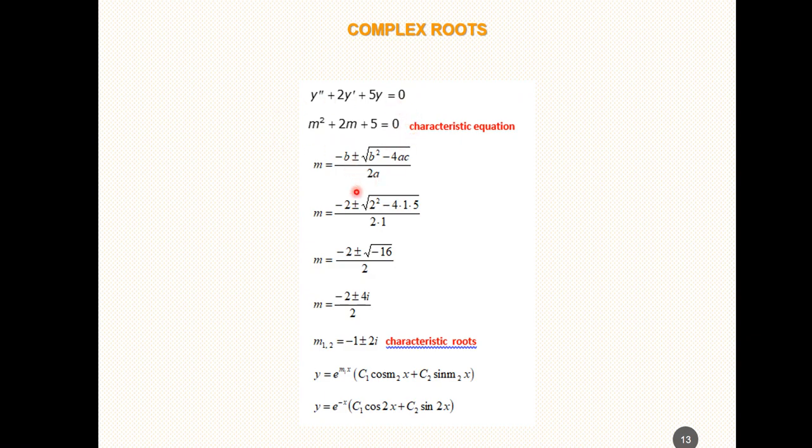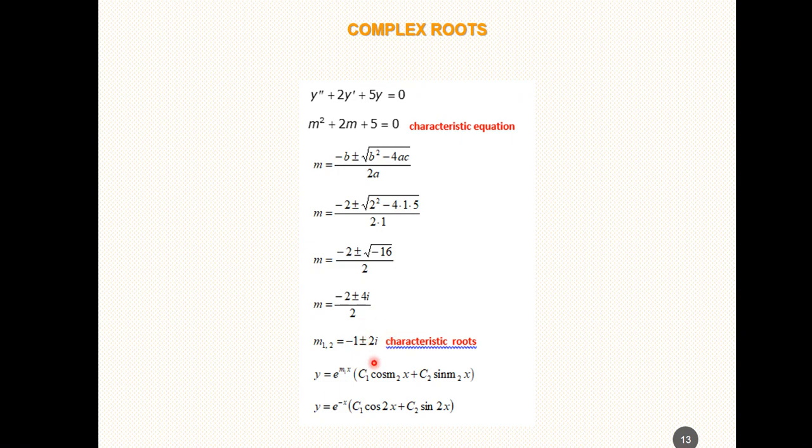We use the quadratic equation and it results to a pair of conjugate complex roots. A complex root is said to be complex, it's complicated, because it has an imaginary part and it has a real part. So the way you write the solution will also be a marriage between having a real root and having an imaginary root.